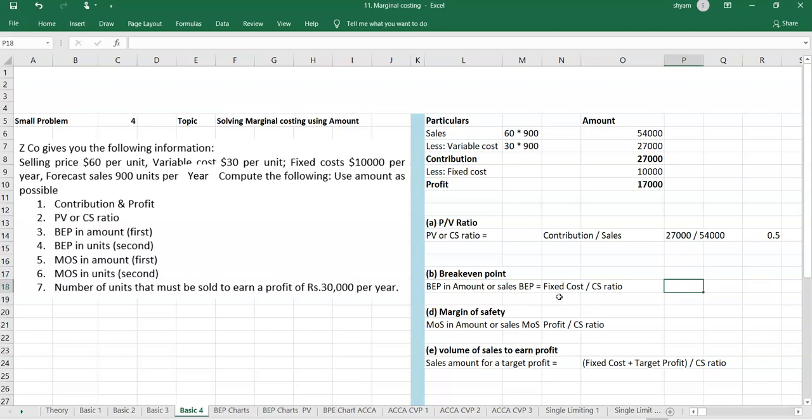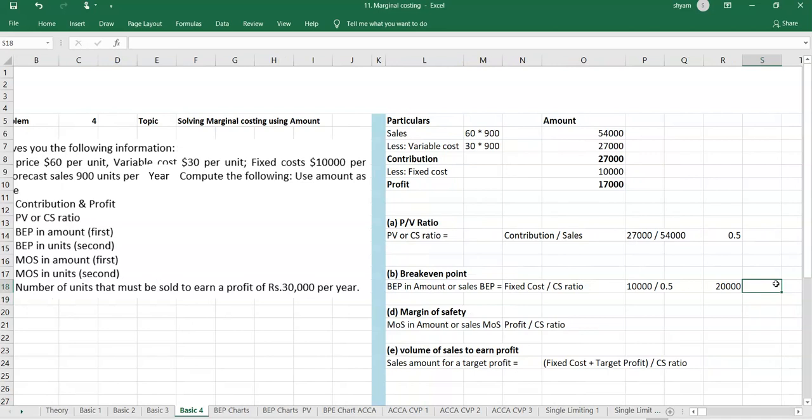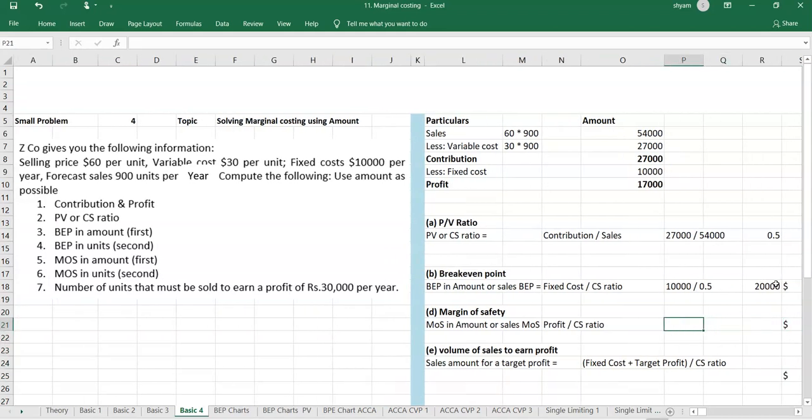So BEP point would be fixed cost divided by PV ratio. So this represents the amount. The amount here is in dollars, so this answer will also be in dollars. MOS is profit divided by CS ratio.